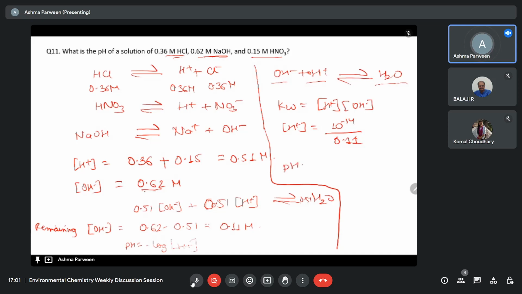And we know that pH is minus log concentration of H plus. After putting the value of H plus, 10 raised to power minus 14 upon 0.11, we get the pH as 13.04. So 13.04 is the final answer.